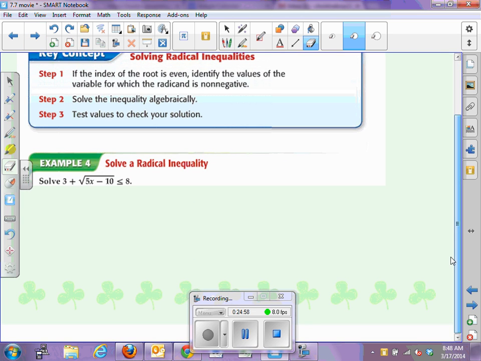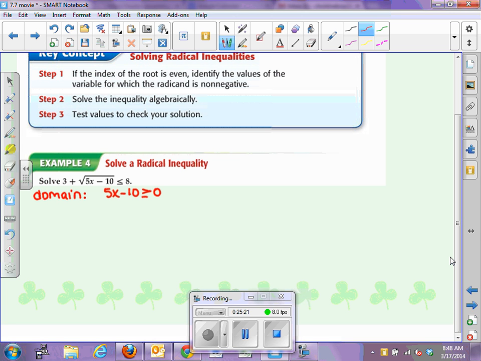All right, so right here, I'm going to go ahead and do my domain. Always start these problems with domain. We know that 5x minus 10 has to be positive because it's under a radical. So it has to be greater than or equal to 0. This is really important. Now, why am I doing this now and I didn't do it before?